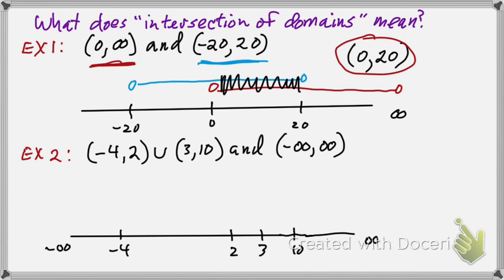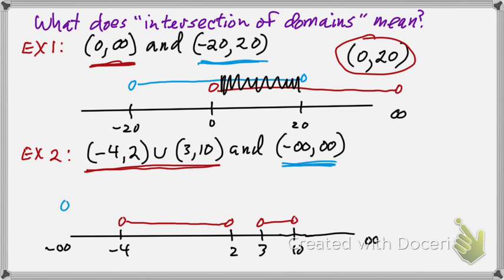So notice the first one here is a union. So it's going from -4 to 2, unioned with 3 to 10. So there's a diagram of that first interval, if you will. Then this one is going to just be everything. Where do they intersect?